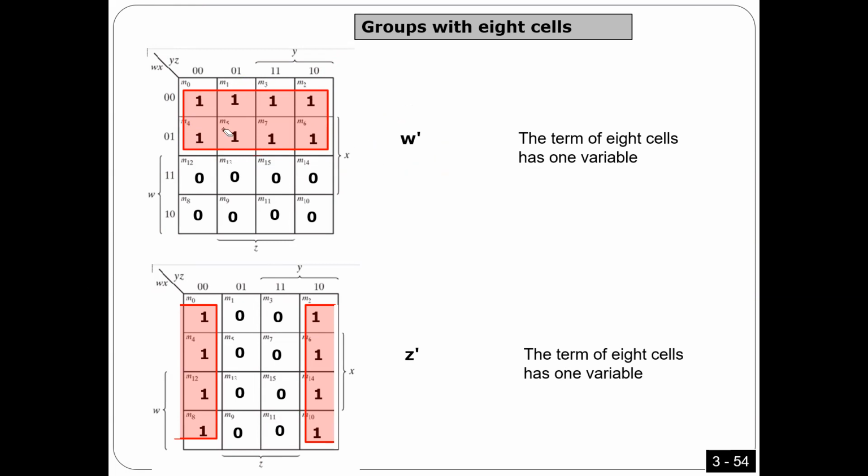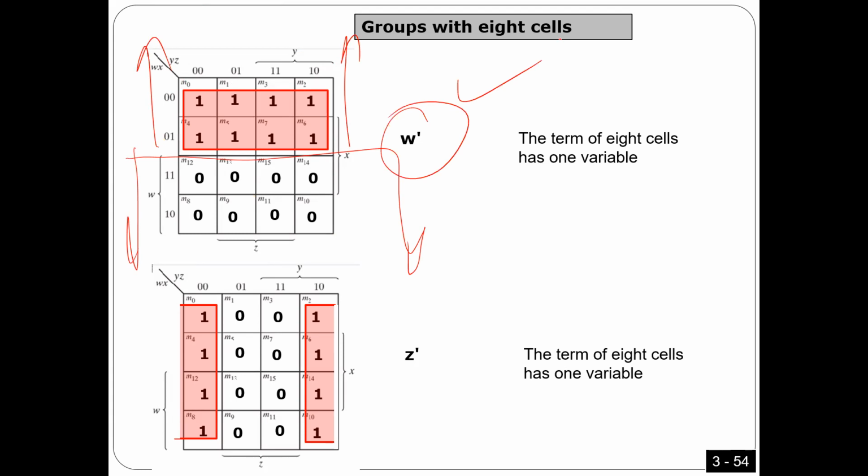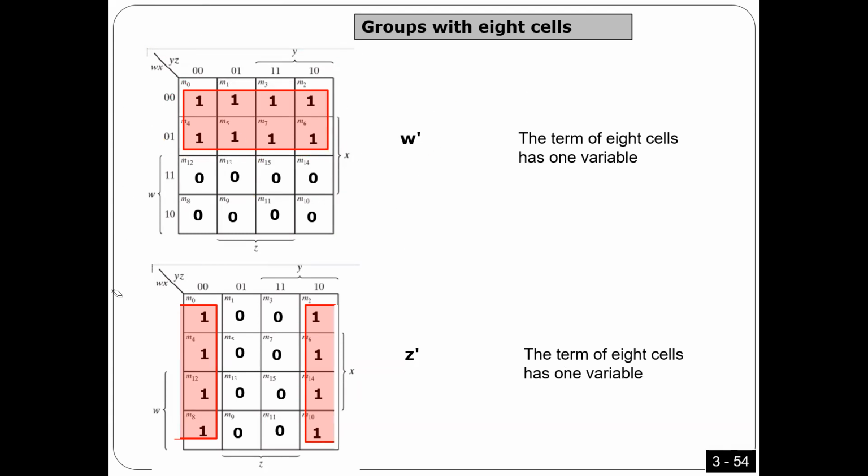So you can find these 8 squares are only in one area. For example, if I look at W, this is W prime. Okay. So it has to be W prime. Is that okay?